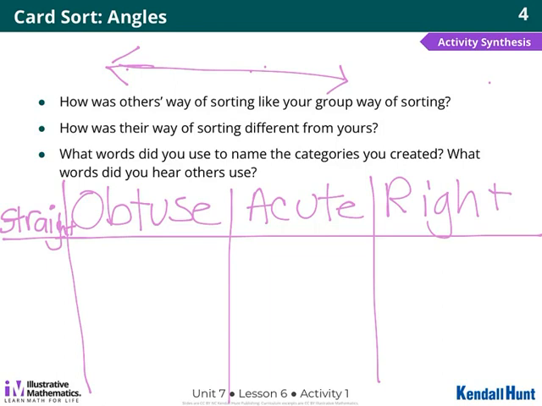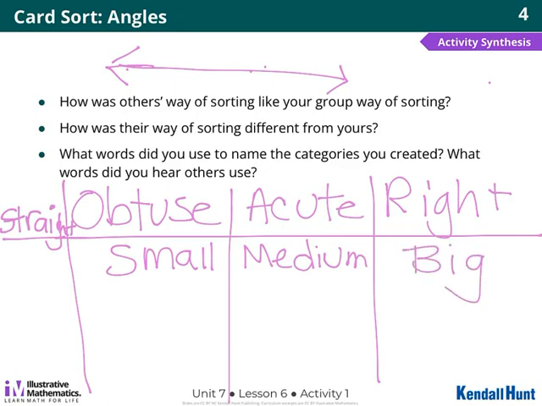Of the angles, because some of them were small and some of them were big. So like small, big, medium. Yeah. Okay, and so somebody might have also said, all right, small angles, medium, and big. Okay, that would also work.